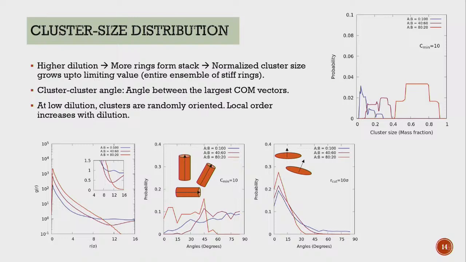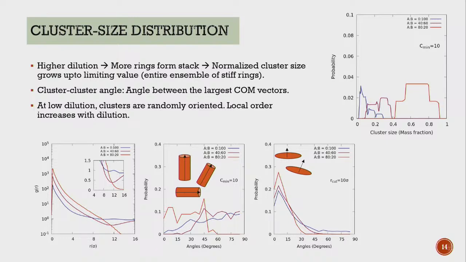And we also measure how dilution controls the angle distributions of this cluster. Basically, what is happening at the local ordering? To measure that, we calculate the largest center of mass vectors between each stack, and then we calculate the angle between the stacks. And we find that for the pure system, there is a very broad distribution, with a maximum at roughly around 90 degrees, which means that although stack formation is happening, they are more disordered.